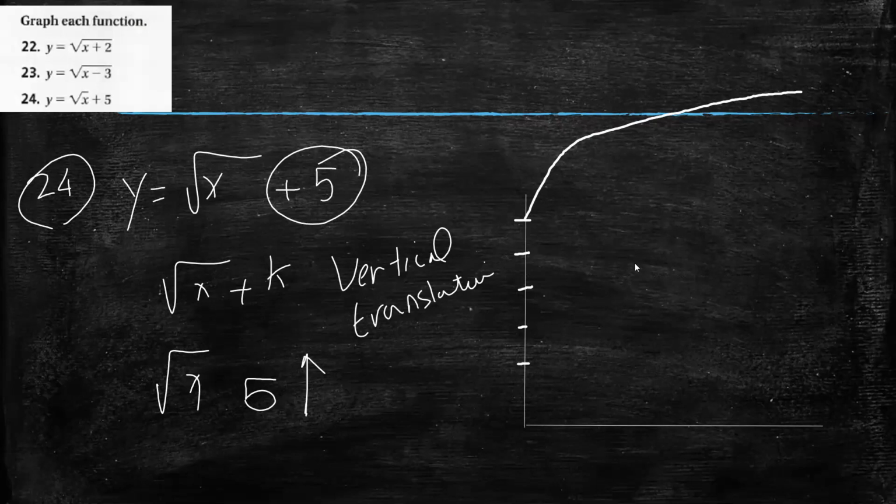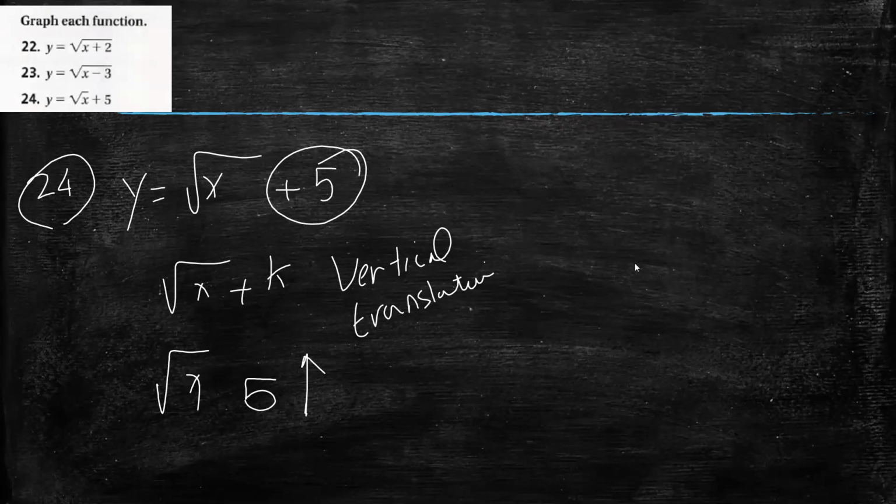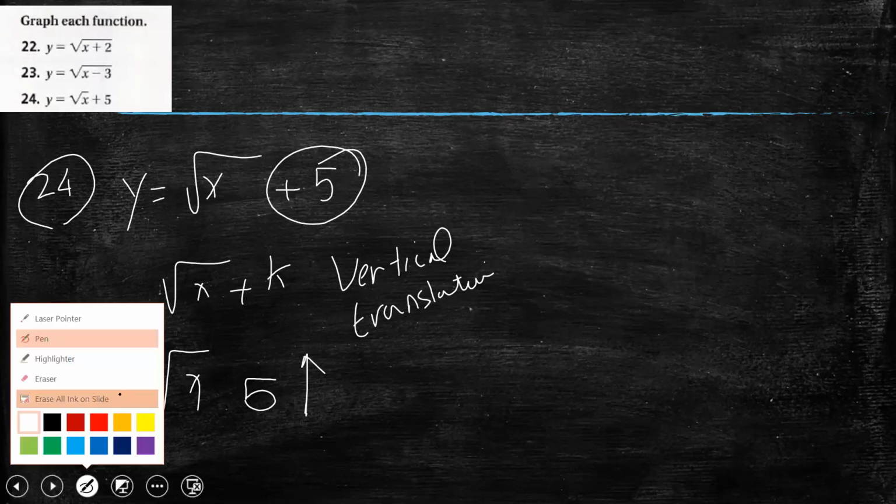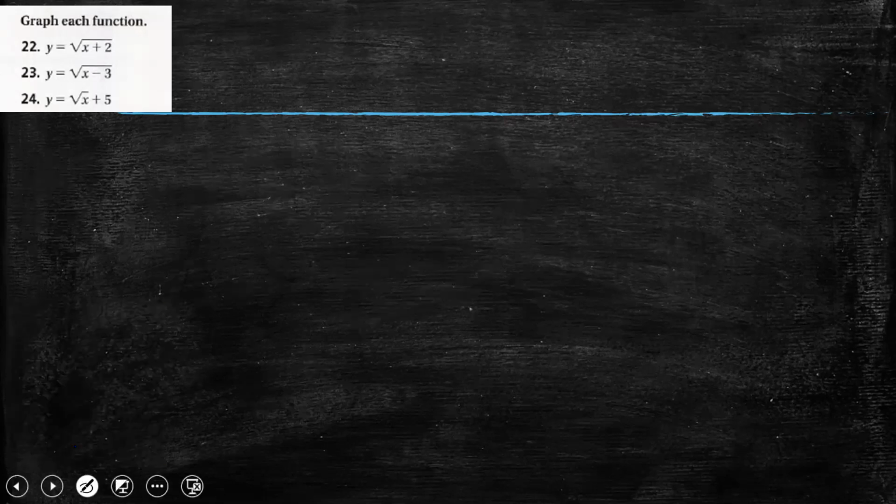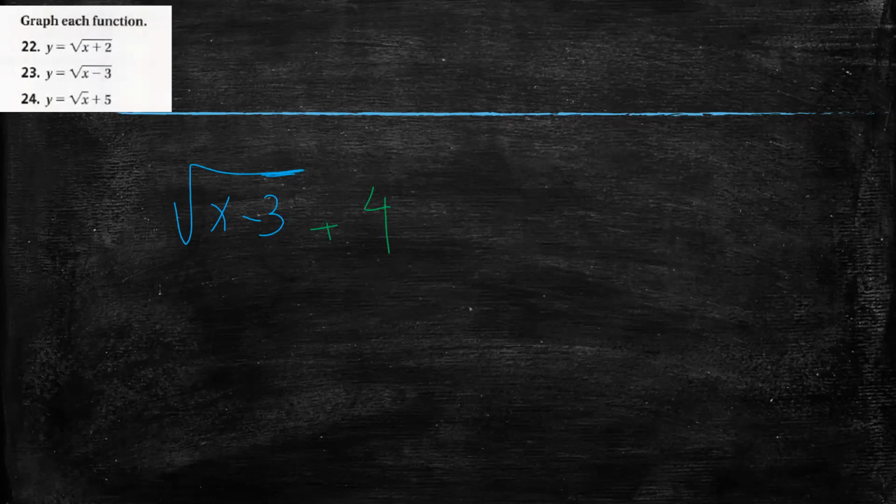Teacher, if you have a function like this, such as the square root of x minus 3 plus 4 as an example, how do we graph it?